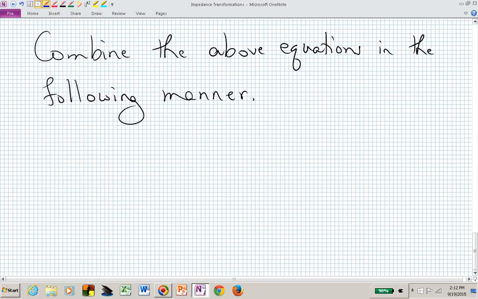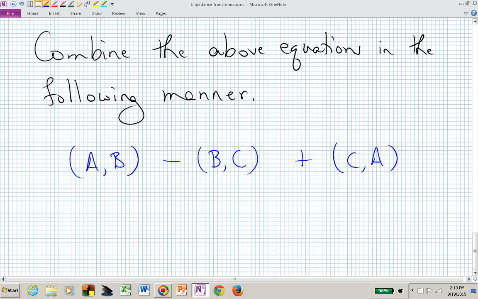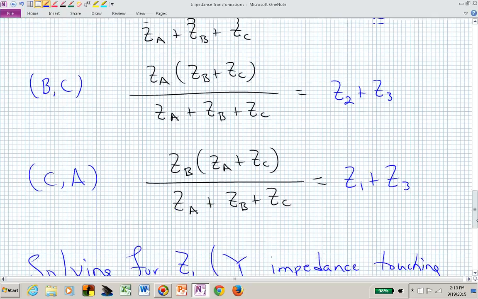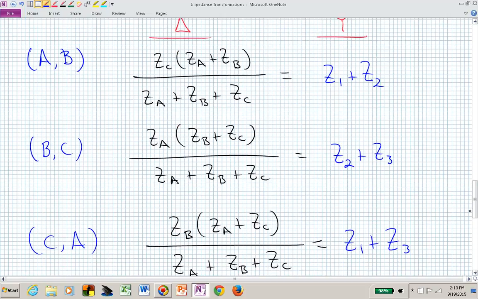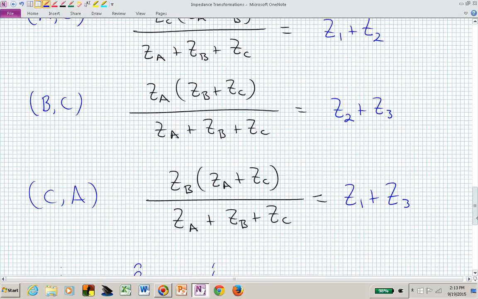We want to take the equation for the AB terminals, subtract from that the formula for impedance equivalences between terminals B and C, and add back the equivalent impedances between C and A. If we do that, then I hope we will see that here I have Z sub C times Z sub A plus Z sub B, minus Z sub A times Z sub B plus Z sub C, plus Z sub B times Z sub A plus Z sub C. That's coming from the black equations or the delta equations.